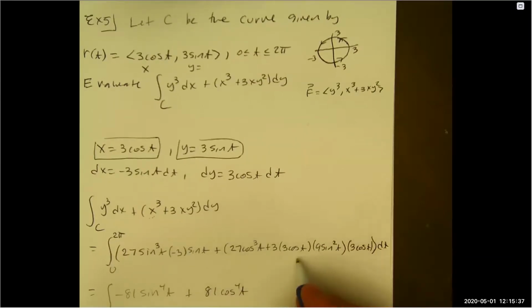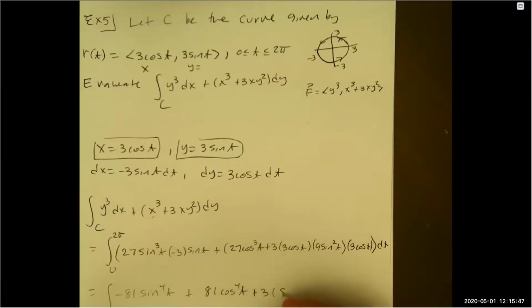And then distributing this here, we're going to have cosine squared, sine squared. So we're going to have 3 times 81, and then cosine squared, sine squared.